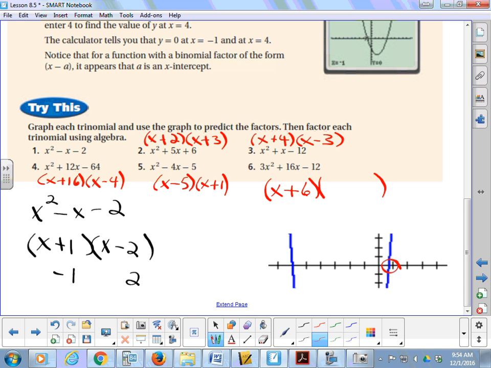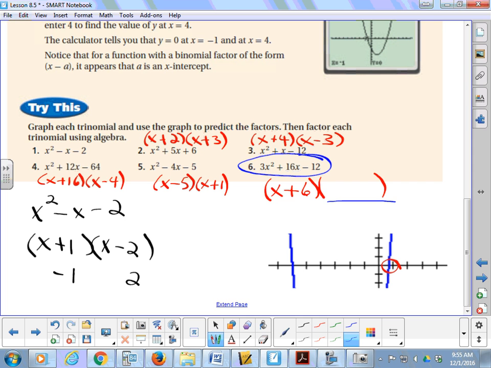So now, here is how I encourage you to use your space between your ears creatively. Okay? Now, I don't actually need to know what that is to be able to finish this problem. Because when I multiply x plus 6 times this, I'm going to get that, right?